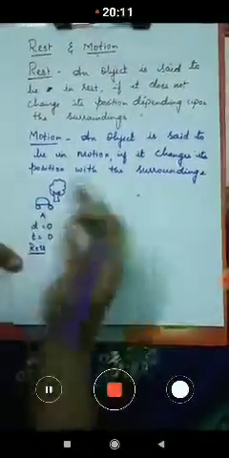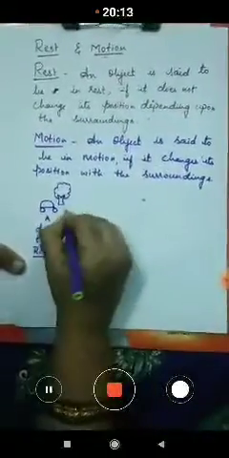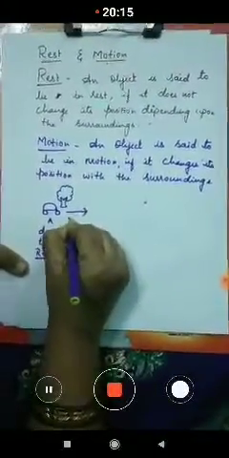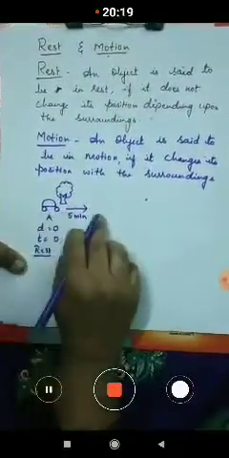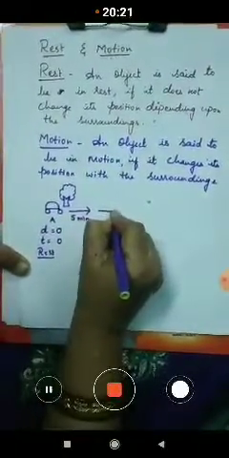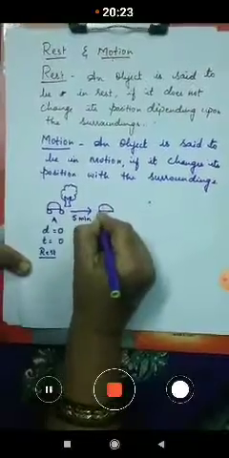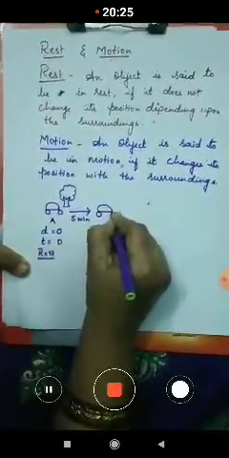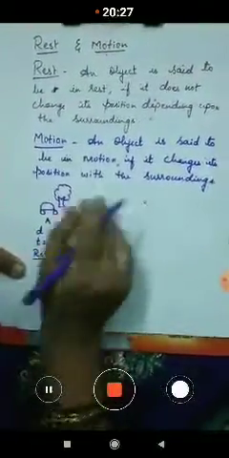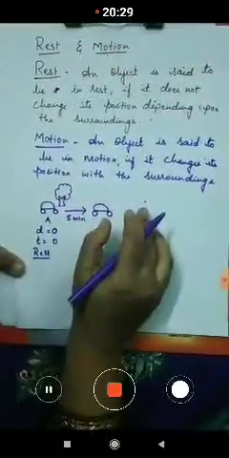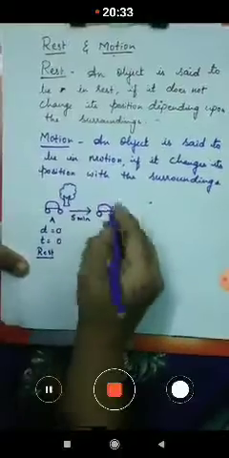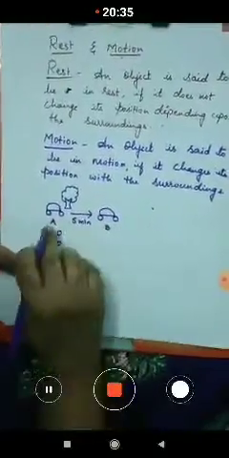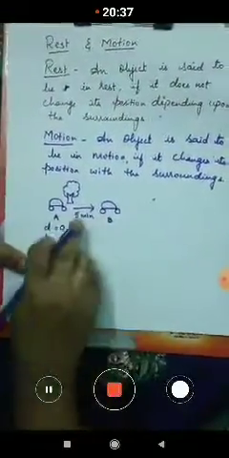Now, what happens after 5 minutes? After 5 minutes, the car just moves to a certain distance. Now it has covered a certain distance. Okay, children? So from position A, it has moved to position B. What is the position now? After 5 minutes.